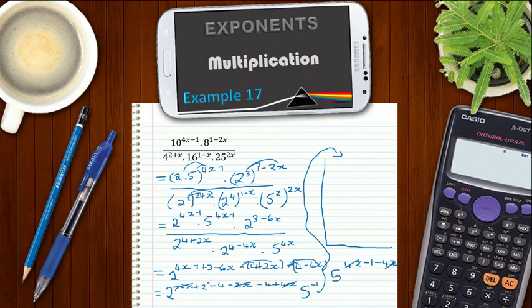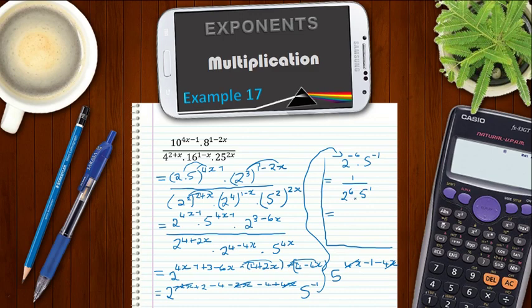And then the constant terms, we've got 2 minus 4, so that's minus 2, subtract, and then plus 2 is minus 6. So this is 2 to the power of negative 6 times by 5 to the power of negative 1. So if I've got a negative exponent, I can take my bases down. 2 to the power of 6 times 5 to the power of positive 1. So this I can put on the calculator.